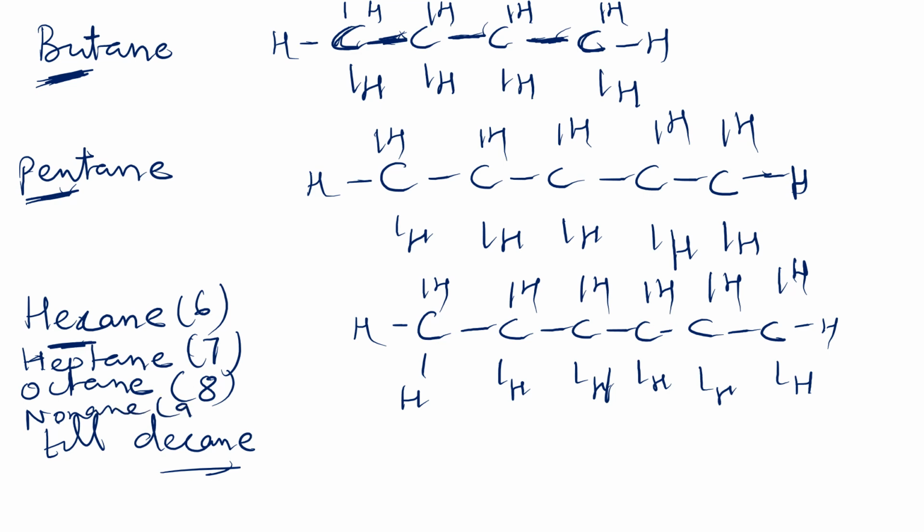Nonane means 9 and decane means 10. You should practice them by writing carbons in a long chain linked with each other and then putting the hydrogens depending on how many bonds carbon has to form with hydrogen. That's how we write the structural formula of hydrocarbons.